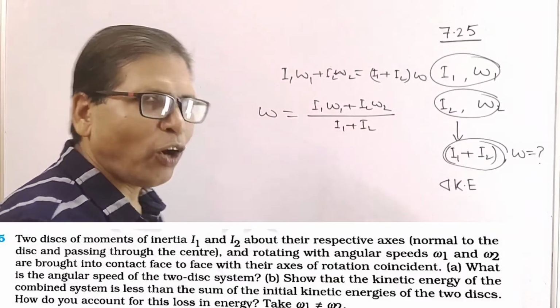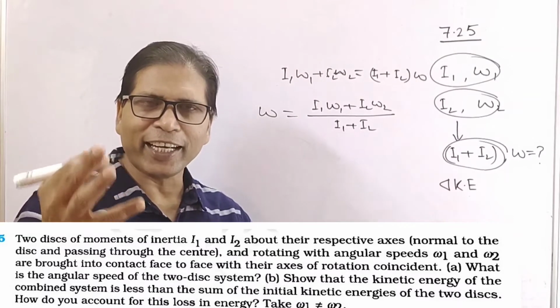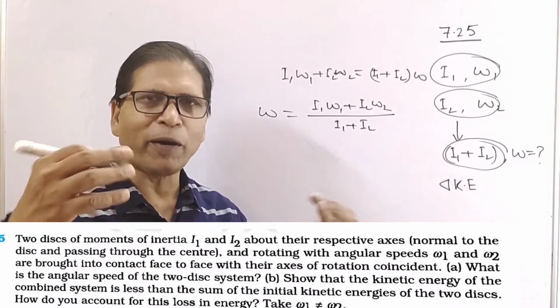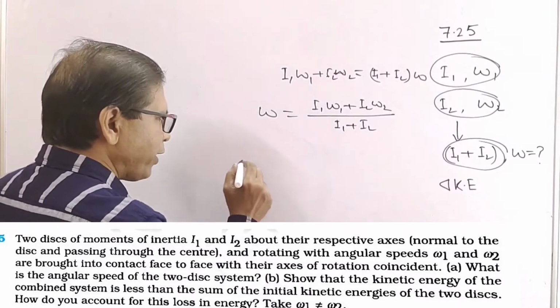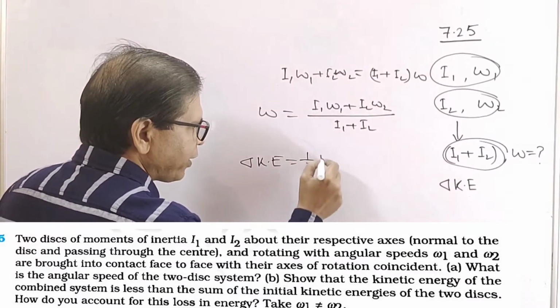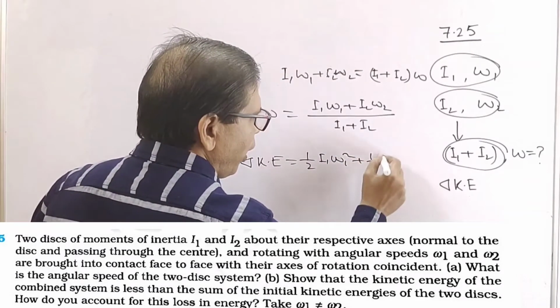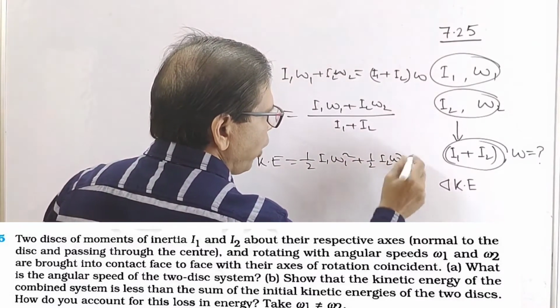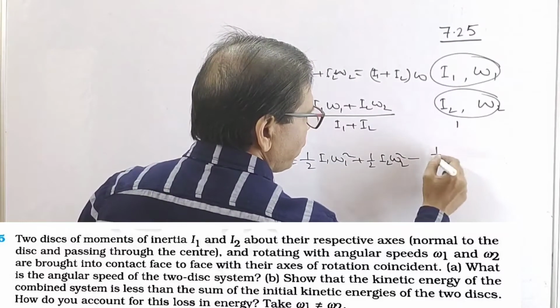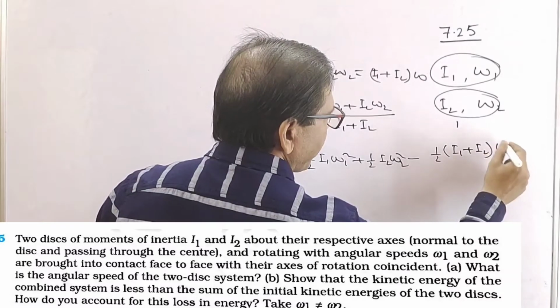Okay, now the loss of kinetic energy. Loss of kinetic energy means initial kinetic energy minus final kinetic energy. So delta KE is equal to half I1 omega 1 square plus half I2 omega 2 square minus half into I1 plus I2 into omega square.